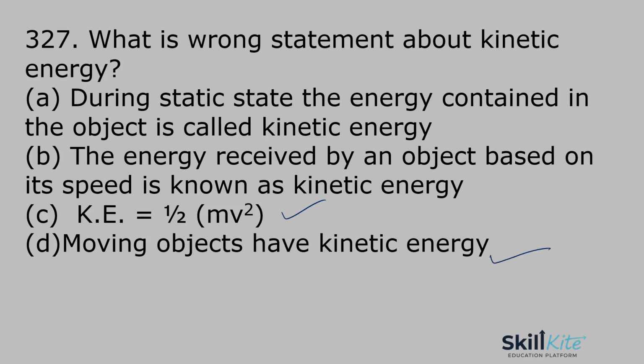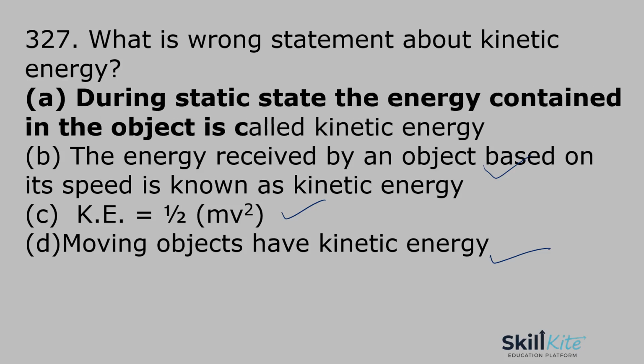The energy received by an object based on its speed is known as kinetic energy. Okay, sorry, object during static state, the energy contained in the object is called kinetic energy. So option A is the wrong answer here. So that is the answer for this question. Okay.